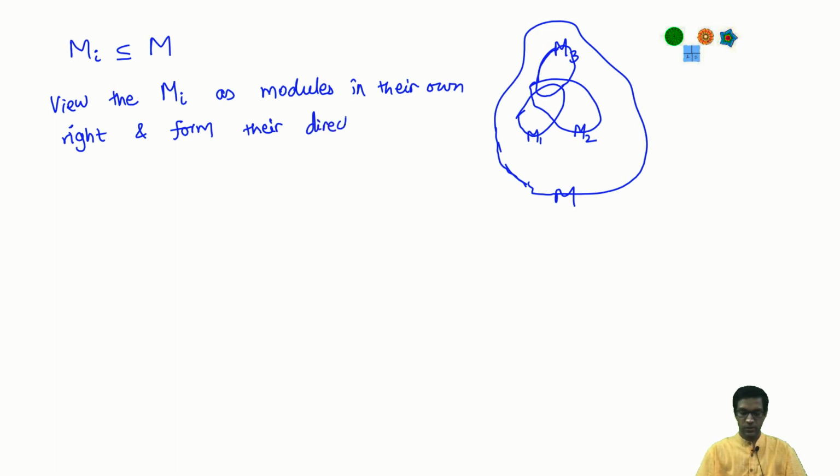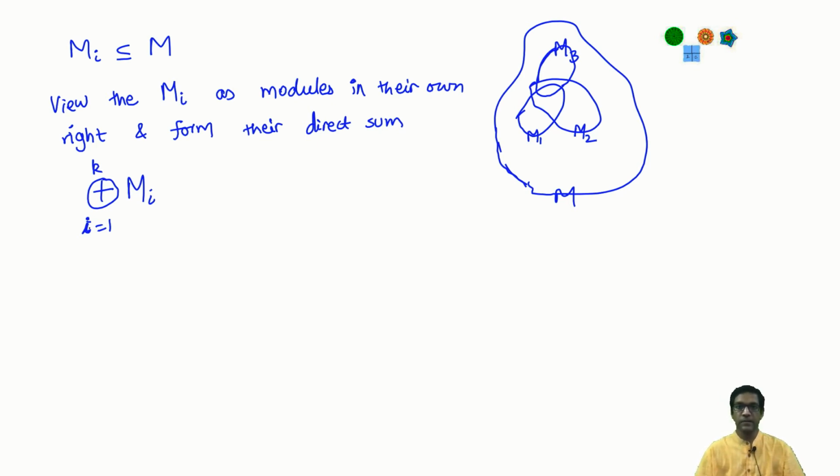Okay, so this is the direct sum that I talked about at first, sometimes called the external direct sum as opposed to the internal. So let's form their direct sum, i equals 1 to k. Okay, so recall what this is as a set. The elements of this external direct sum are not going to be elements of M or anything.